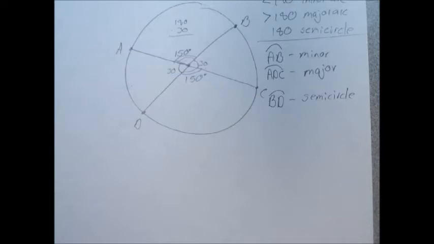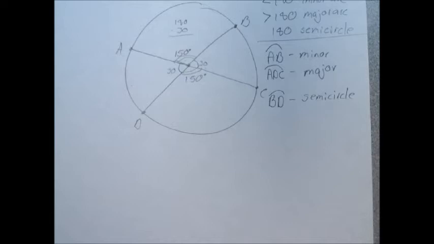It's minor. AC. Semicircle. It goes straight through the center, right? If I say arc BAD, it's a semicircle, right? Arc BAD is a semicircle.